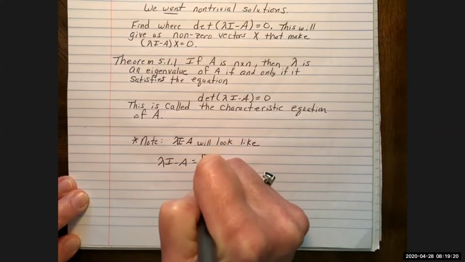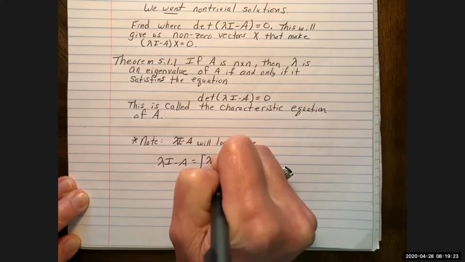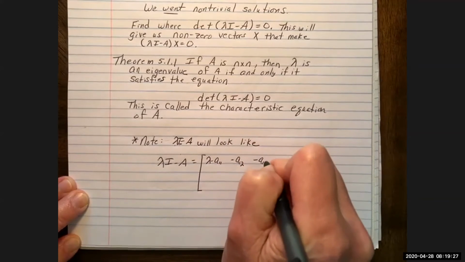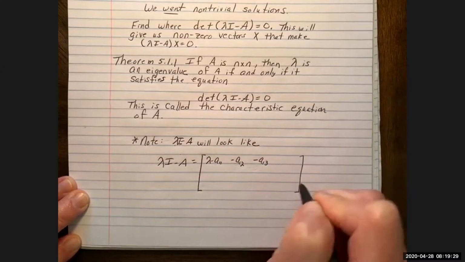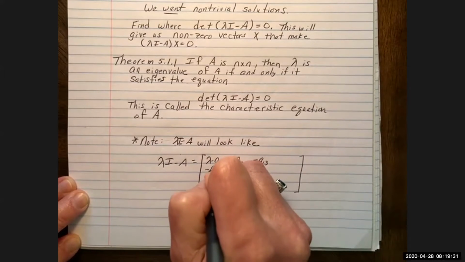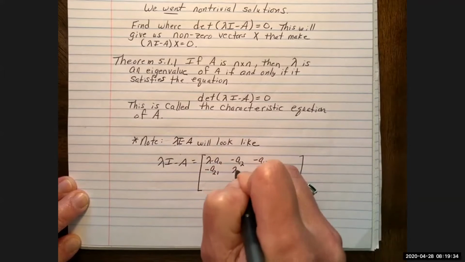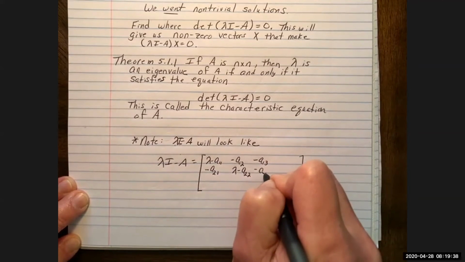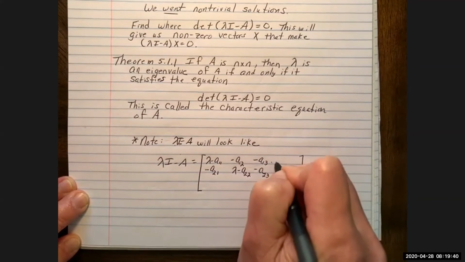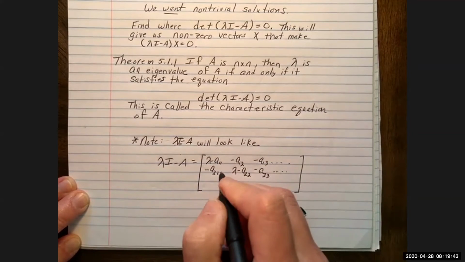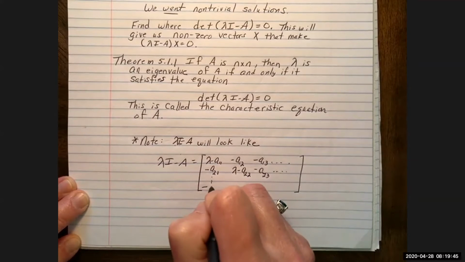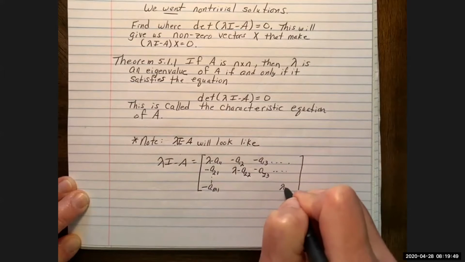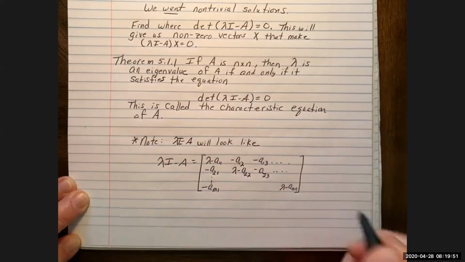And I'm going to do a general one first. So you'll have lambda minus A11, and you'll have negative A12, negative A13, etc. This will be negative A21, lambda minus A22, negative A23, etc. All these are just going to be negative. And then down here, you'll have lambda minus Ann.